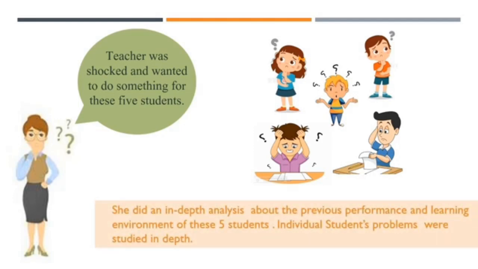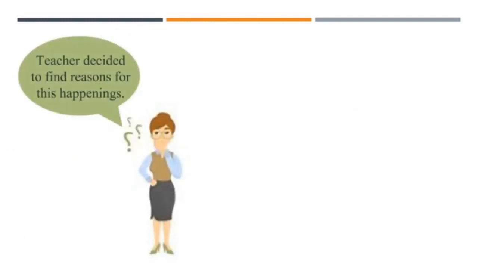She did an in-depth analysis about the previous performance and learning environment of these 5 students. Individual students' problems were studied in depth. The teacher decided to find reasons for these happenings.